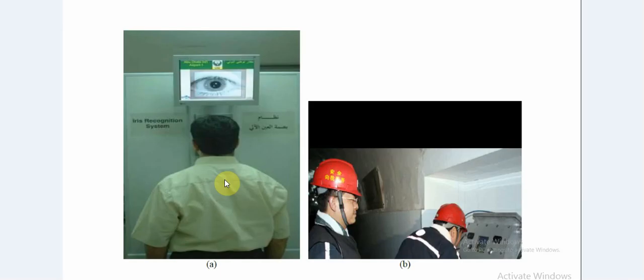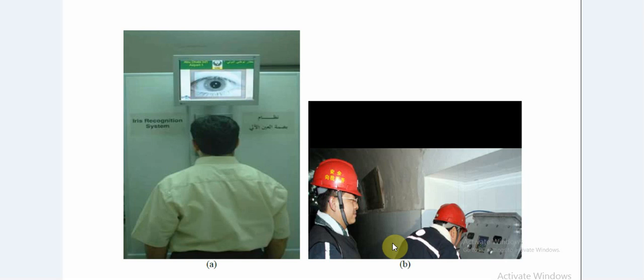Another application of iris recognition systems is depicted in this image. In some workplaces or working environments, it is impossible to use other types of biometric traits to authenticate the workers.